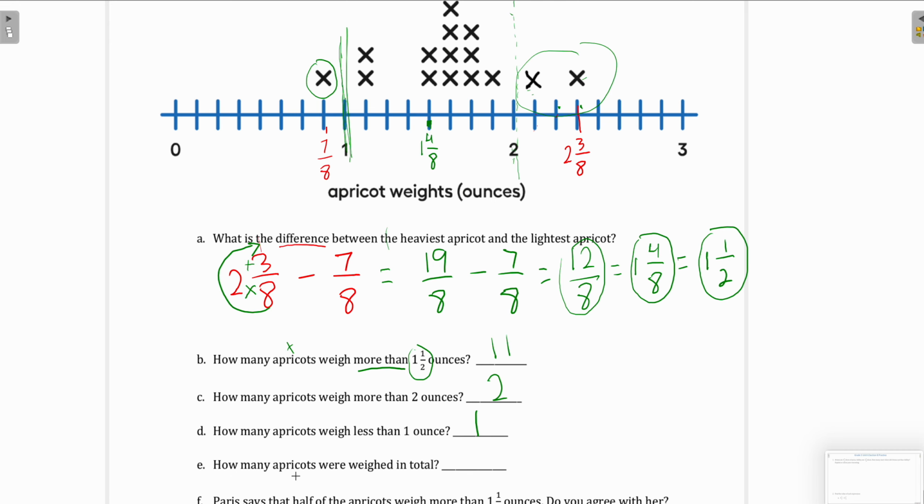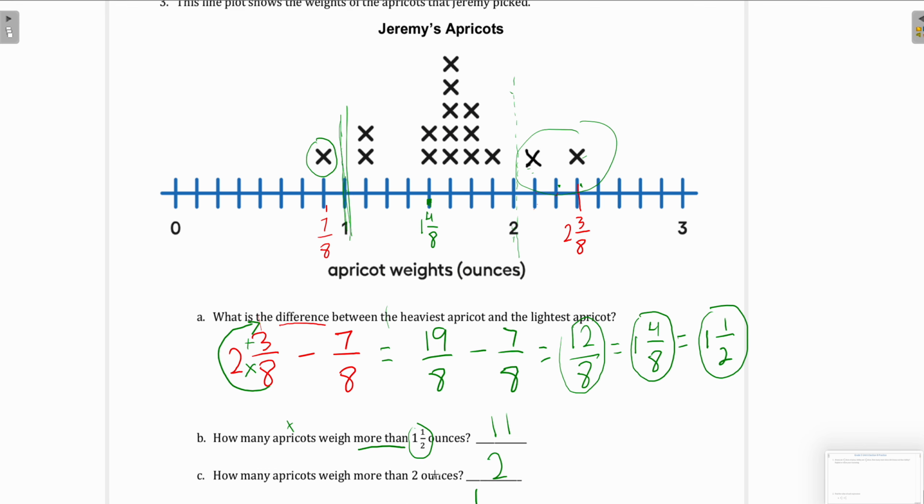Now, how many apricots were weighed in total? Well, each X is an apricot. So to find out how many apricots were weighed in total, all we have to do is count all of these X's. That's all we have to do. We have to count them.